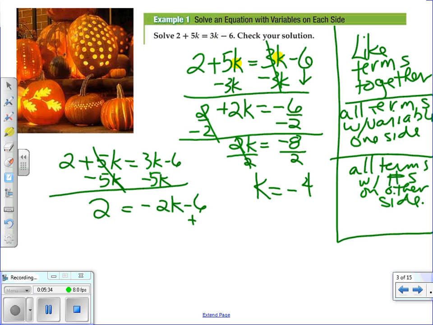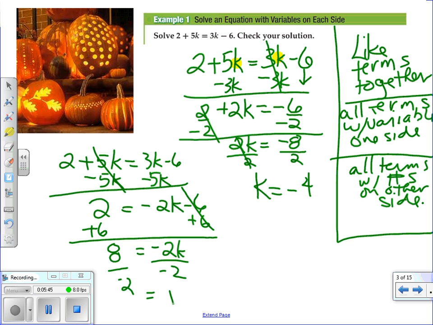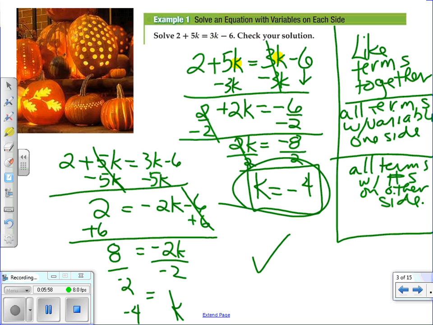Now I add 6 to both sides, and I get negative 2k equals 8. Divide by negative 2, divide by negative 2, find out that k equals negative 4. So either way, my answer is k equals negative 4. And of course, you could check your answer by putting the value for k into the original equation.